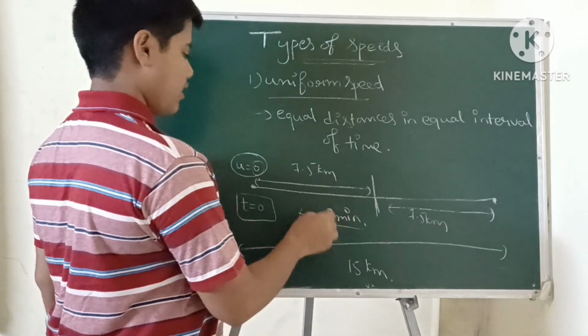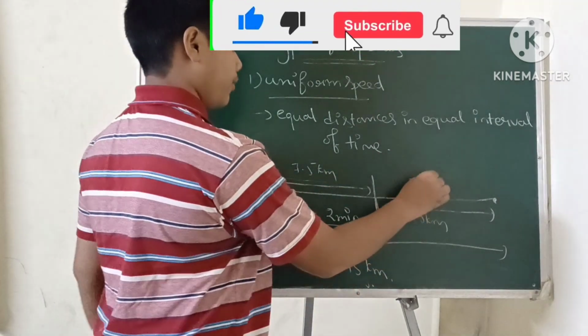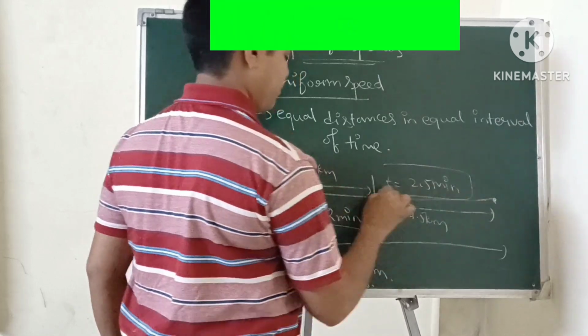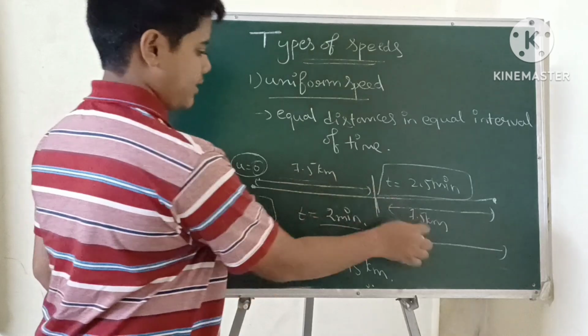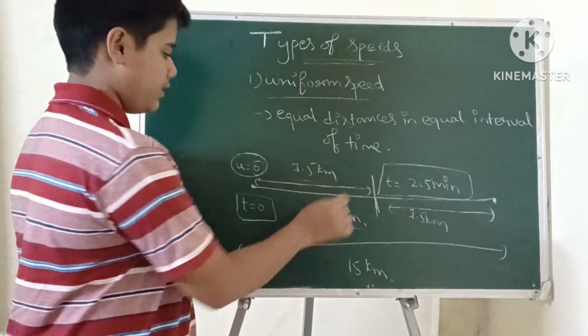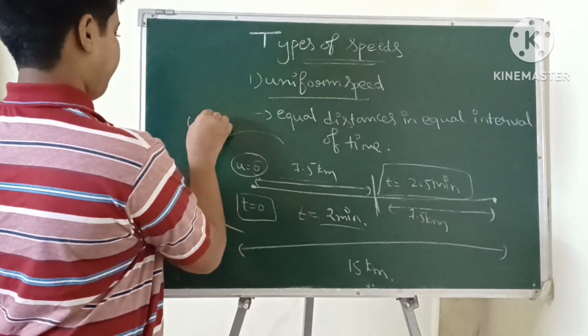In 2 minutes, car traveled 7.5 kilometers and here also 2 minutes only time. See here, equal distances in equal interval of time. So this case is under uniform speed.